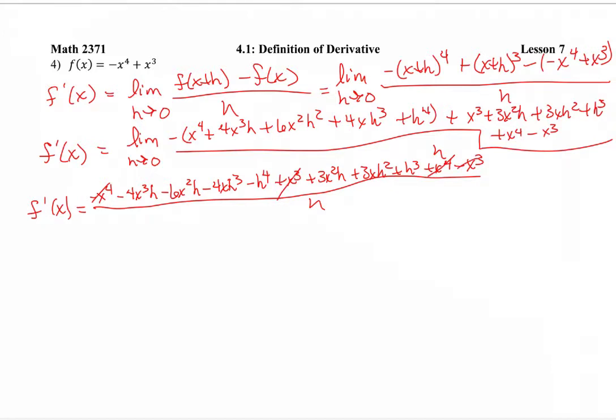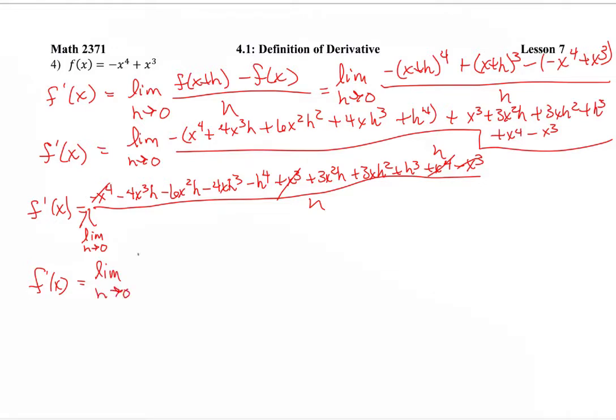Cancel like terms, and I forgot to write the limit. So I'm going to put a little arrow, and I'm going to write the limit as h goes to 0. Then I'm going to write f prime of x equals the limit as h goes to 0.